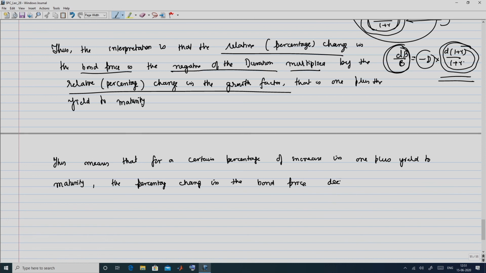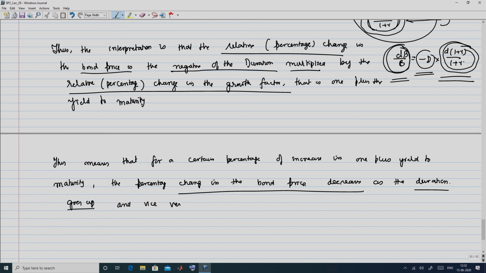decreases as the duration goes up. So, as the duration goes up, this term minus D will become smaller. So, accordingly this will decrease. So, this change in bond price decreases as the duration goes up, and vice versa.